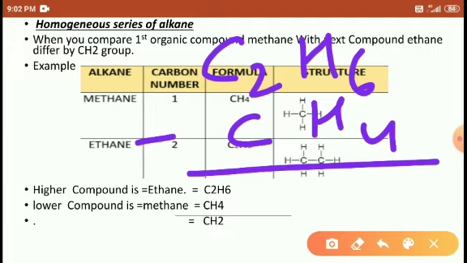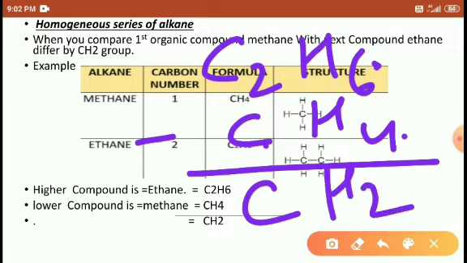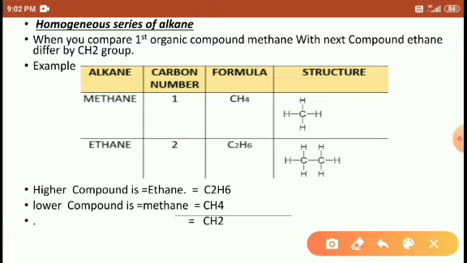Two carbons minus one carbon, you get one carbon. 6 hydrogens minus 4 hydrogens, you get 2 hydrogens. So when you compare the first organic compound with the next higher organic compound, the successive difference is CH2 groups.